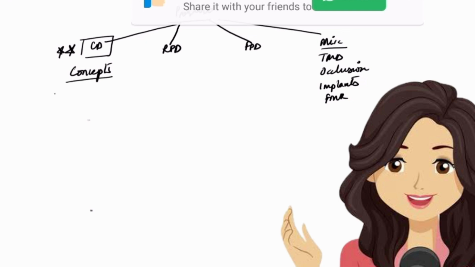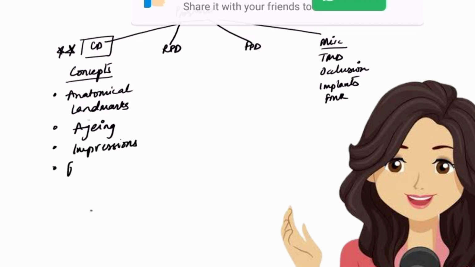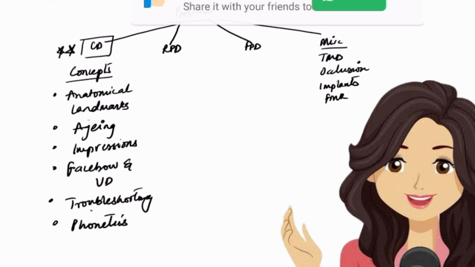Out of that also, if I list out the important areas, they are anatomical landmarks, then effects due to age or aging, impressions, face bow and vertical dimension, then troubleshooting, and phonetics.